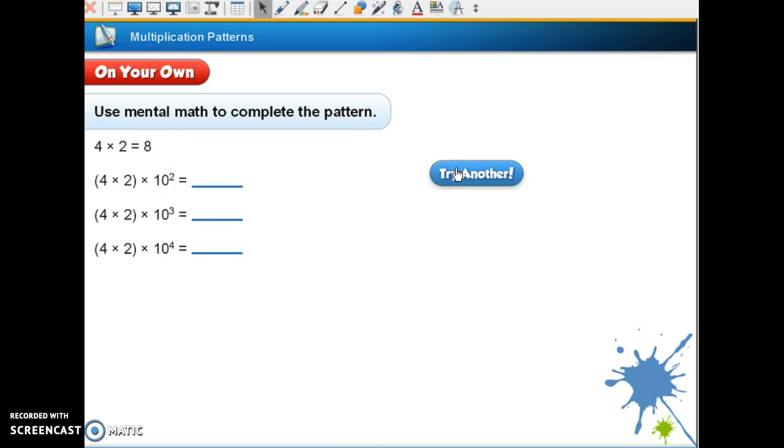Okay. This is number 9. 2 times 4 is 8. Now on this one, there is no zero in our basic fact, right? So the only zeros we have to account for are those in our exponent.